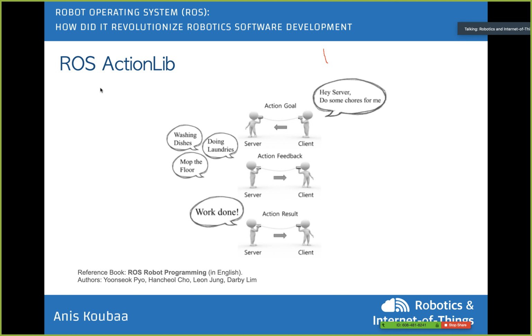An example of ActionLib is the move base, that is the navigation stack of ROS. So basically, in the navigation stack, any node in your ecosystem, the client, will send a goal location to the move base server. During this time, the move base server is going to execute the local path planner and the global path planner to make the robot move. And in the meanwhile, the client can do other things, for example, making other computation or getting some sensor information and so on.